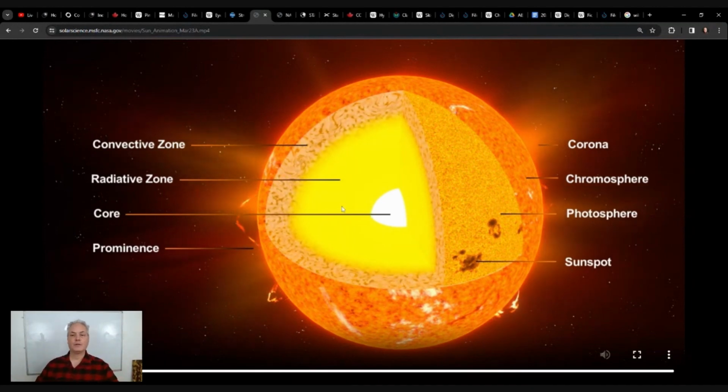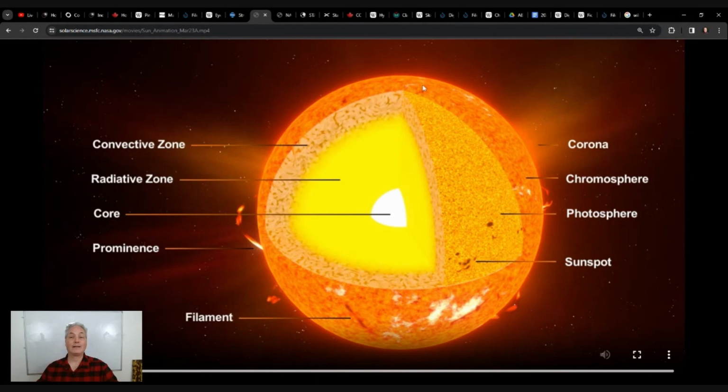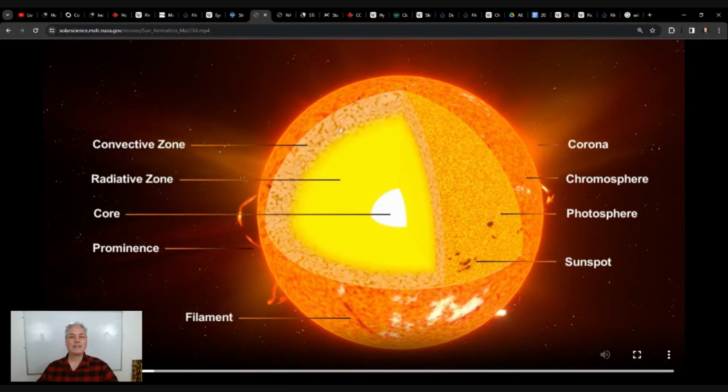So if you think of an analogy, we have our planet. Earth has a core made of iron and nickel. We have the mantle here, which is very hot, and we have the Earth's crust. I know it's an analogy, but every so often in the Earth's crust, there's a break, and then magma can come out of the surface. Same thing here for the sun.